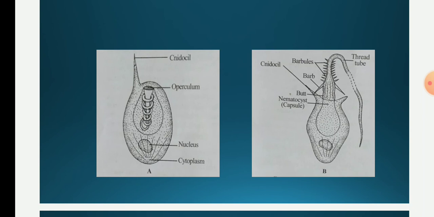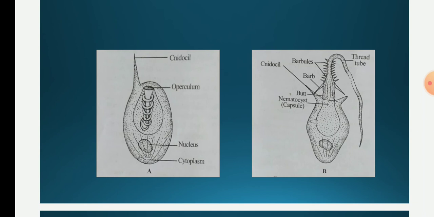The cnidoblast is operated when the cnidocil is stimulated. The stimulus may be mechanical or chemical, and when the cnidocil receives a stimulus, the operculum opens and the thread tube turns inside out and shoots out.